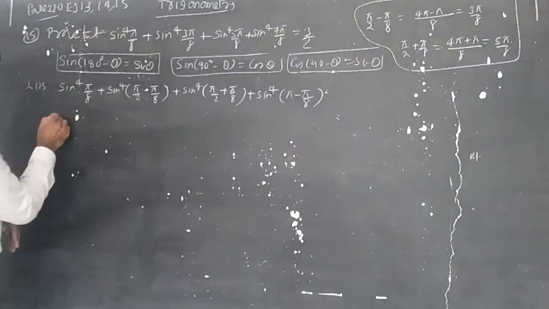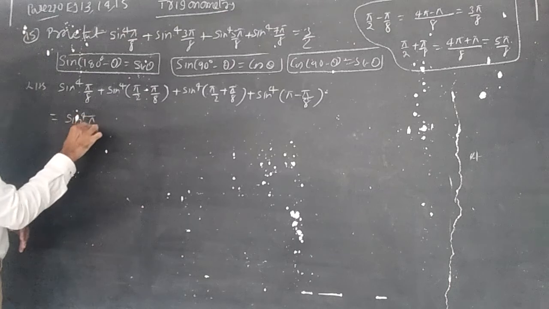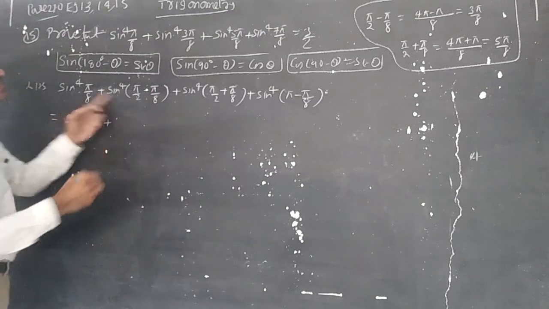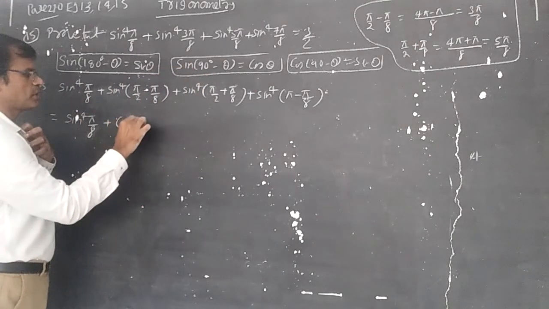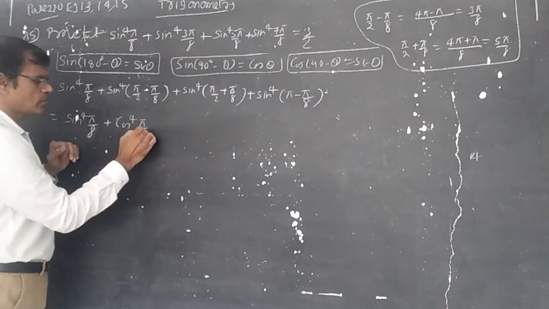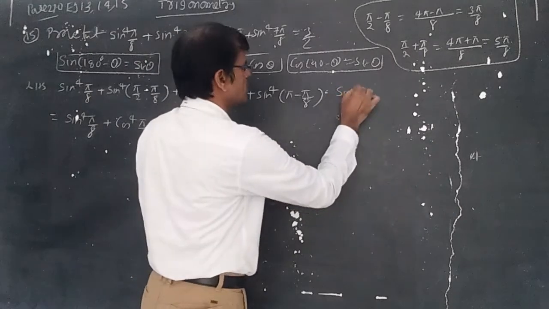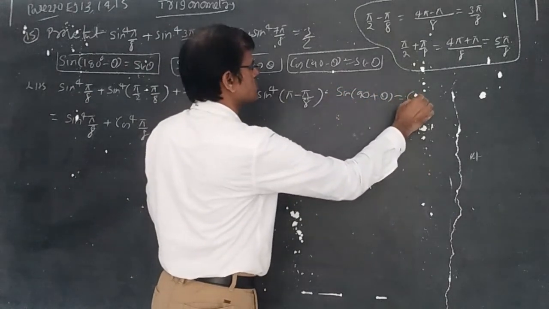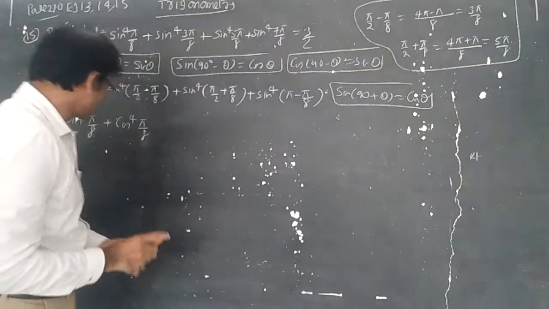That is equal to, now you can write here sin power 4 pi by 8, simply leave it. Next, sin of 90 minus theta, I said here, is cos theta. So sin power 4 pi by 8 plus this is cos power 4 pi by 8. Next formula we also know: sin 90 plus theta is also cos theta, according to the second quadrant and 90 concept.